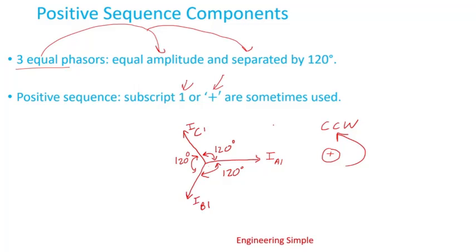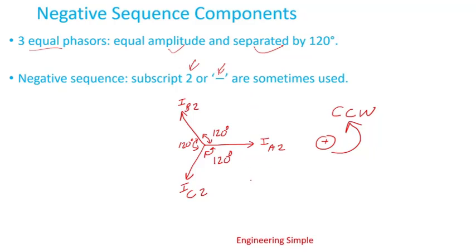So if you notice here, if we draw a virtual line here, as the phasors rotate counterclockwise in this direction, phase A will cross this line first, followed by B, C. So in this case, I'm assuming ABC positive sequence.